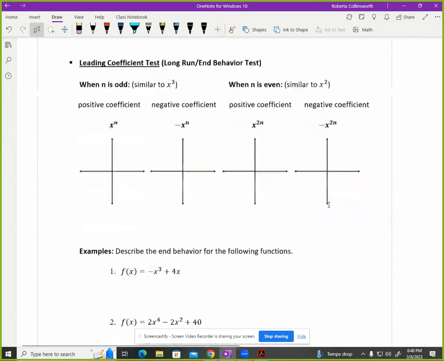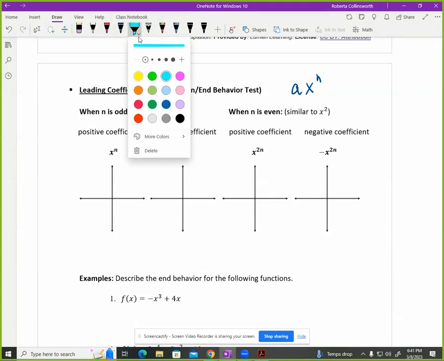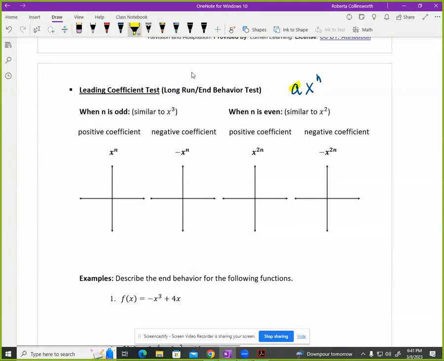Okay, so let's look at our leading coefficient test. So remember our leading coefficient for a x to the nth power was my coefficient. This is my leading coefficient. So this number right here can either be positive or negative.